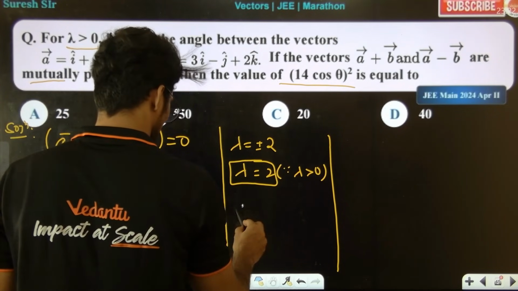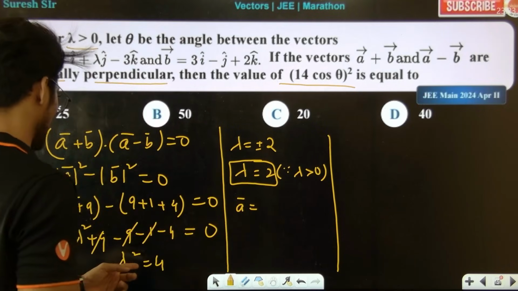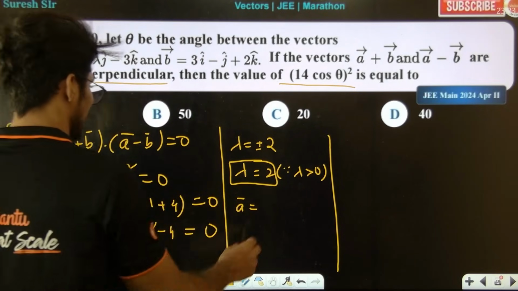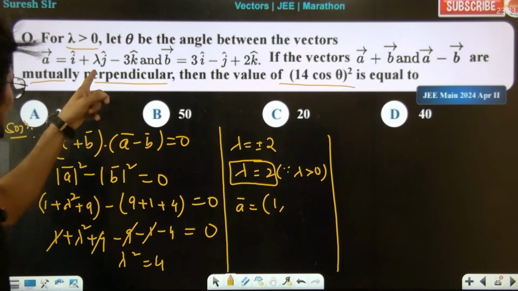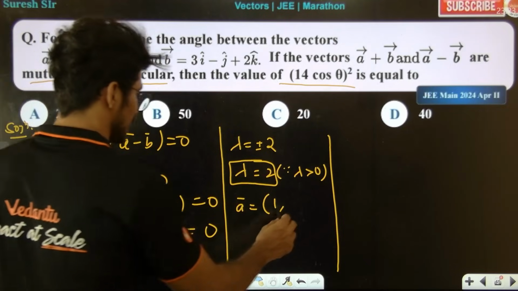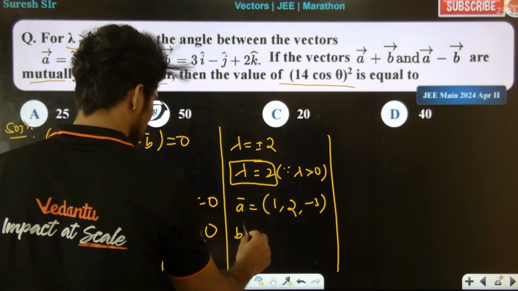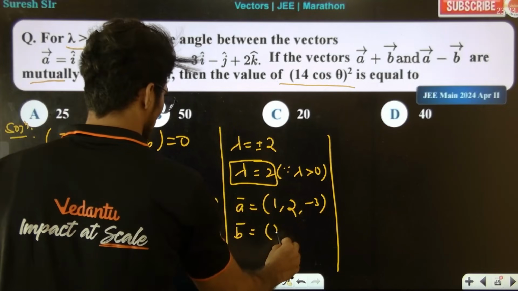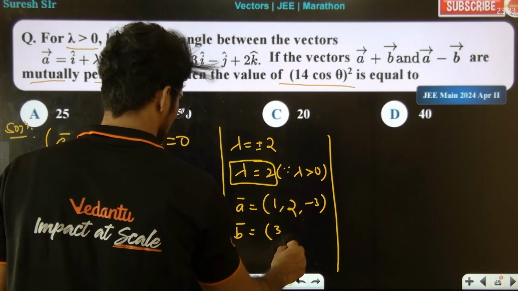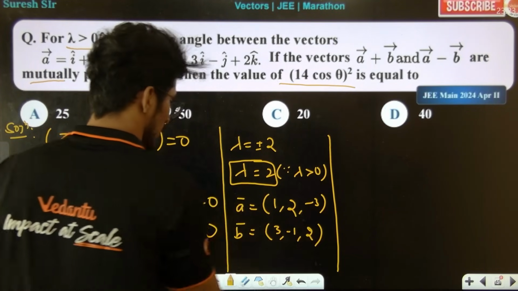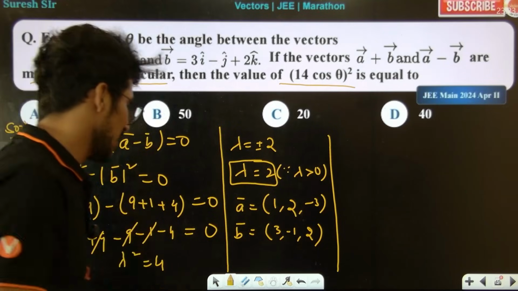Lambda value is 2, so the A vector is 1, 2, minus 3. Now the B vector is going to be 3, minus 1, 2.